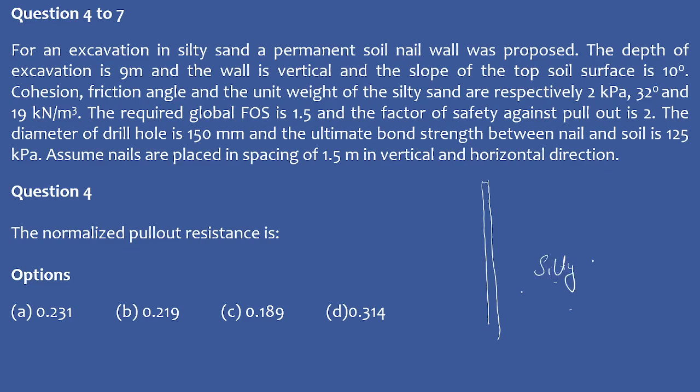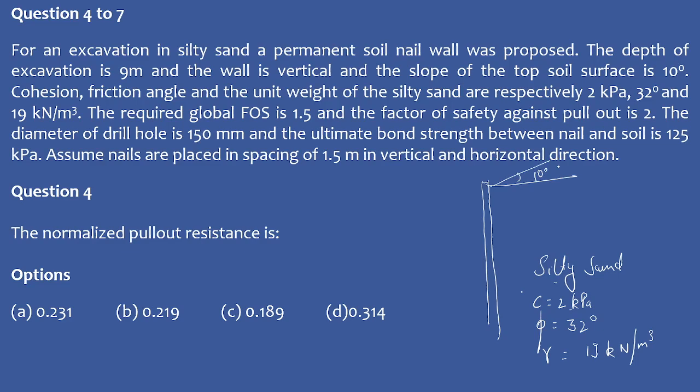The properties of the silty sand are given: cohesion is 2 kPa, phi is 32 degree, gamma is 19 kN/m³. The slope of the top soil surface here is given as 20 degree, sorry, it's 10 degree. So this angle is 10 degree.